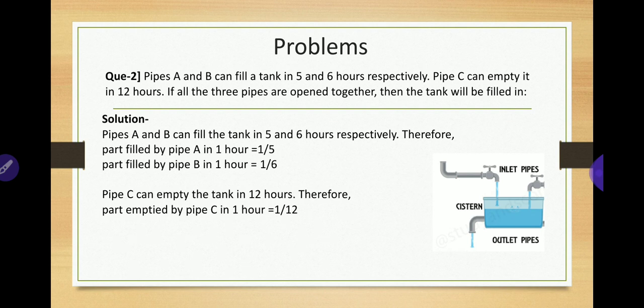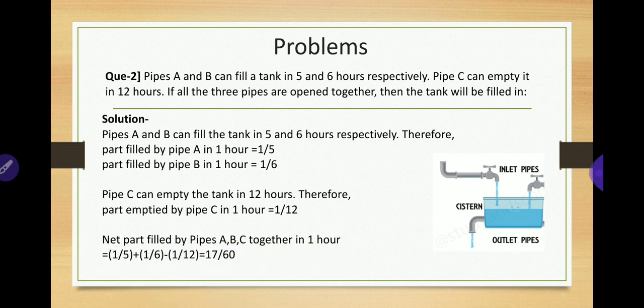So all the pipes are open at a time. That's why we have to add the capacities of the pipes which are filling the tank, and we have to subtract the capacity of the pipe which is emptying the tank. Therefore, the net part filled by the three pipes in 1 hour will be 1 upon 5 plus 1 upon 6 minus 1 upon 12. That is 17 by 60. But this is not our answer.